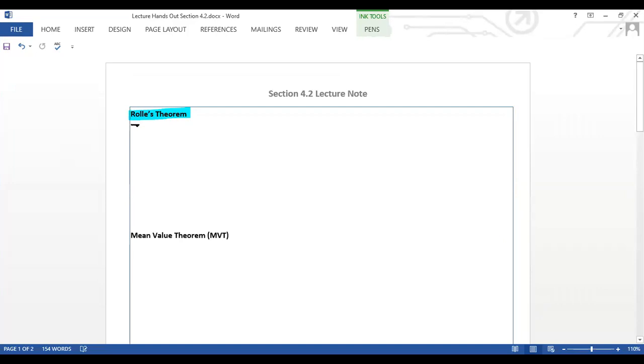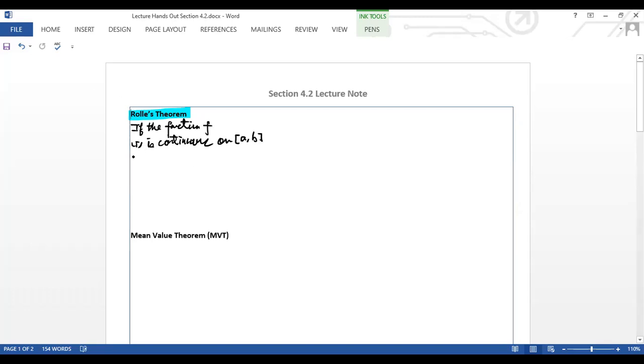So if the function f has a few conditions. The first condition is that this function is continuous on the closed interval [a, b].